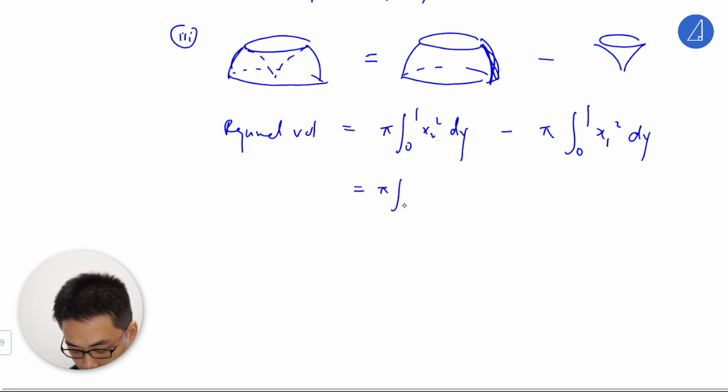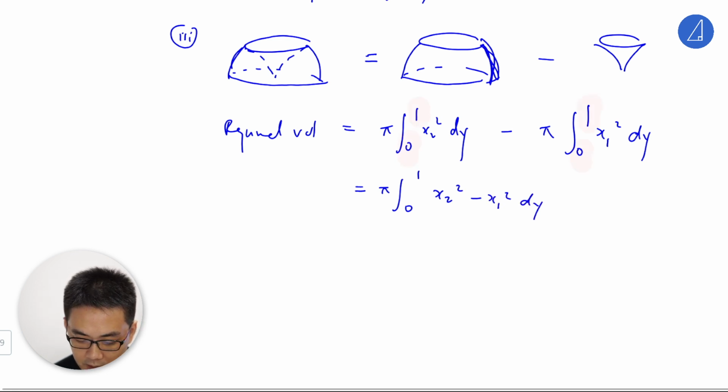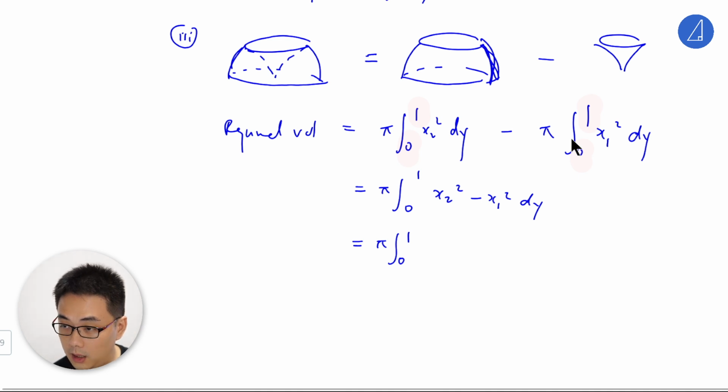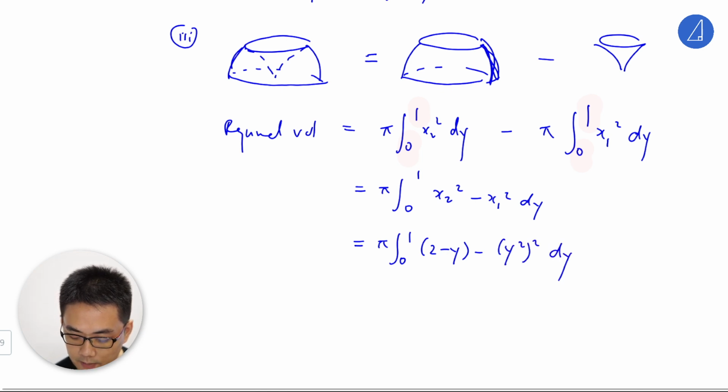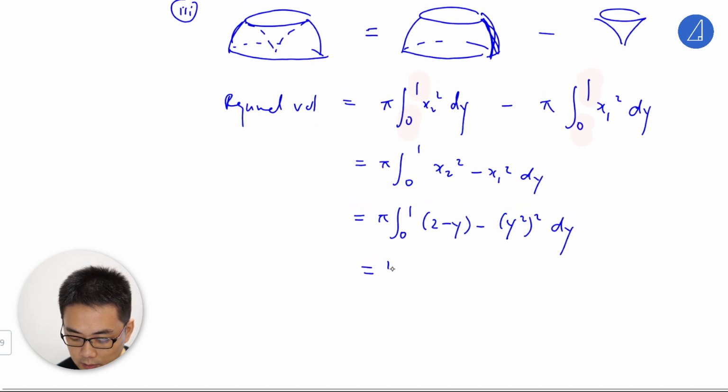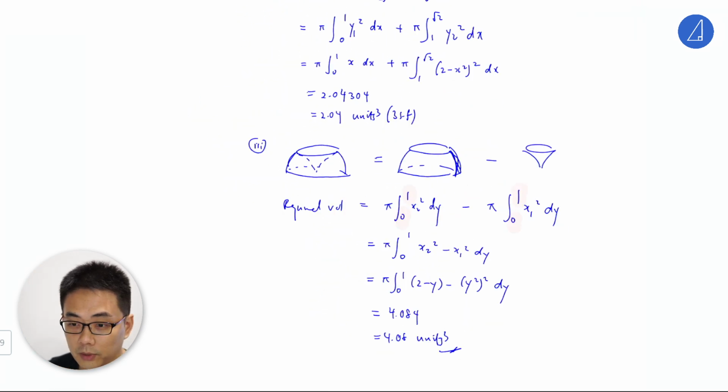Because the boundary is the same, you can just combine them. Pi 0 to 1 of y minus y squared dy. Then you key in the calculator and it will be 4.08 cubic units. Okay, that's it. Part 3 done.